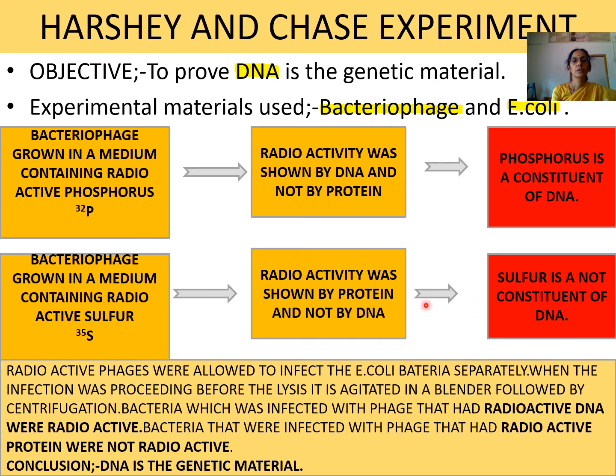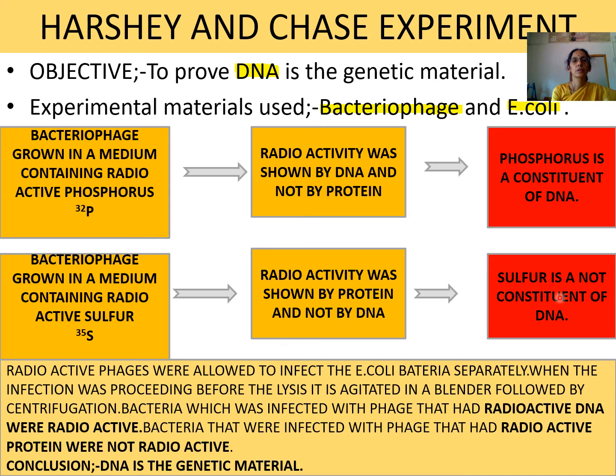Now both the phage particles were allowed to infect E. coli bacteria separately. When the infection was proceeding, but before the lysis, it was agitated in a blender followed by centrifugation.